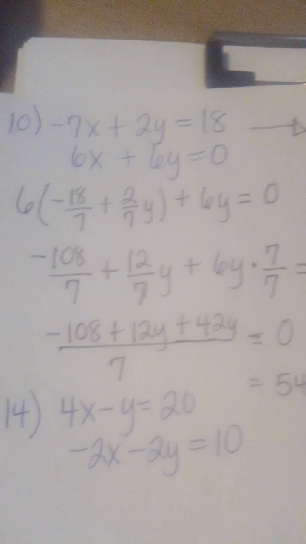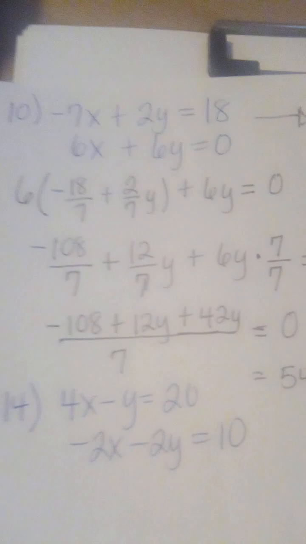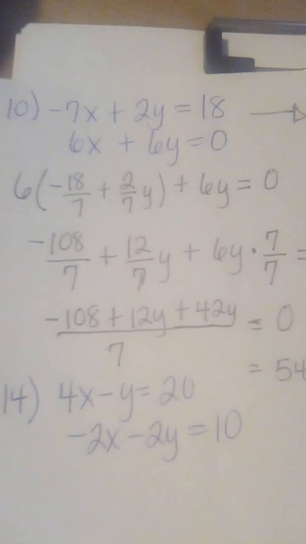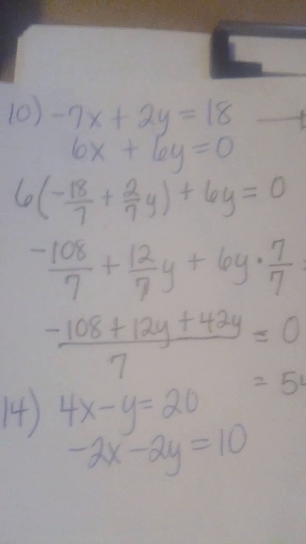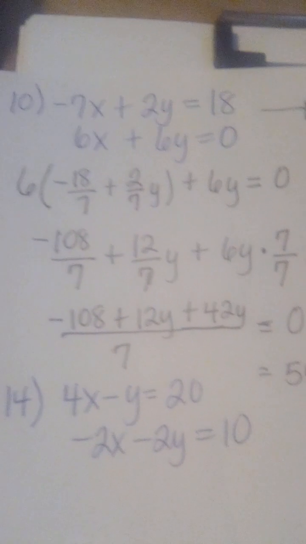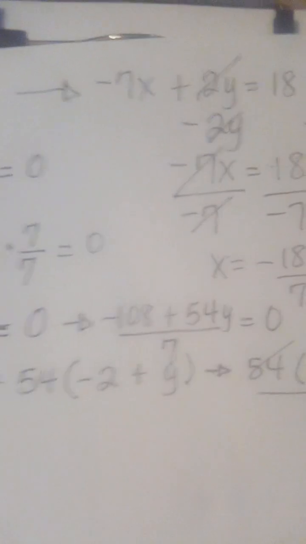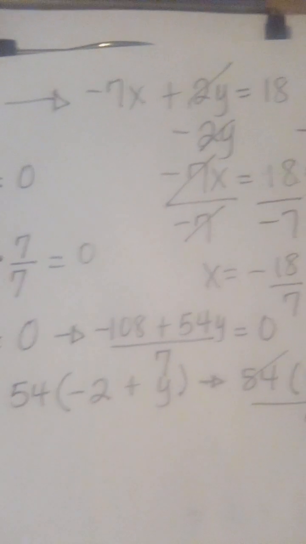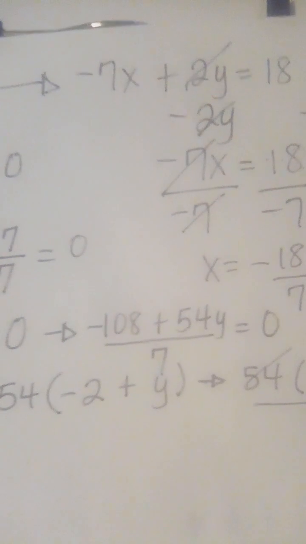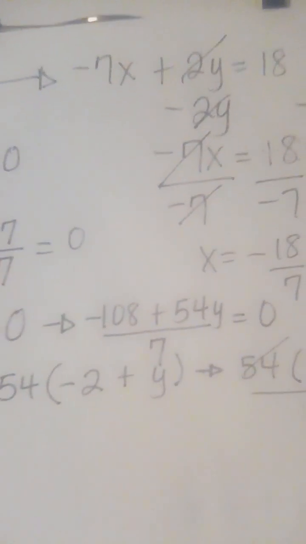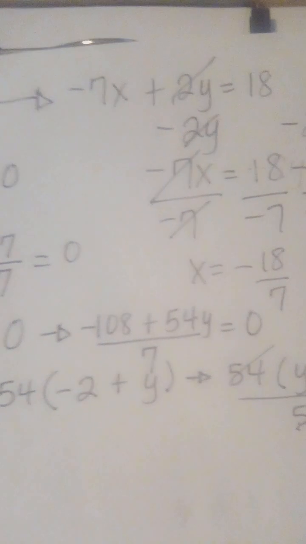The numerator is negative 108 plus 12y plus 42y over 7 equals 0. Then we combine like terms, which is 12 and 42. That gives us 54. So our new numerator is negative 108 plus 54y over 7 equals 0.